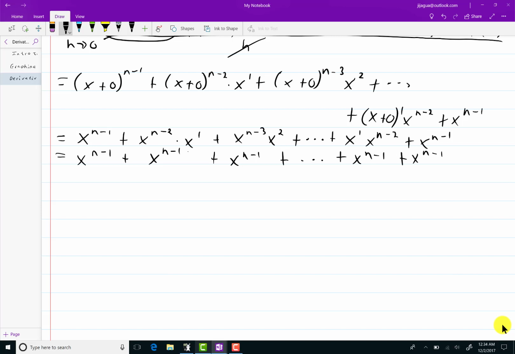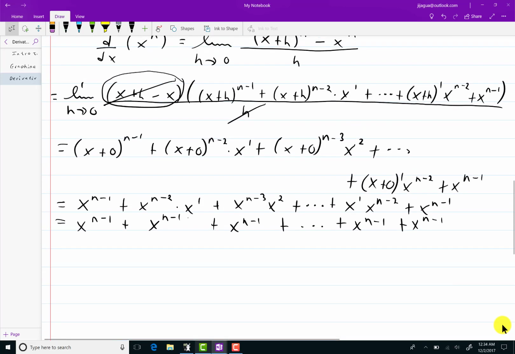Well, how many of these things did we have? Let's see if I can count them all up. Let's look at this one. This is the 0th term. If I wanted to, I could really attach to it times x to the 0, and then I have x to the 1, x squared, dot dot dot, x to the n minus 2, x to the n minus 1.